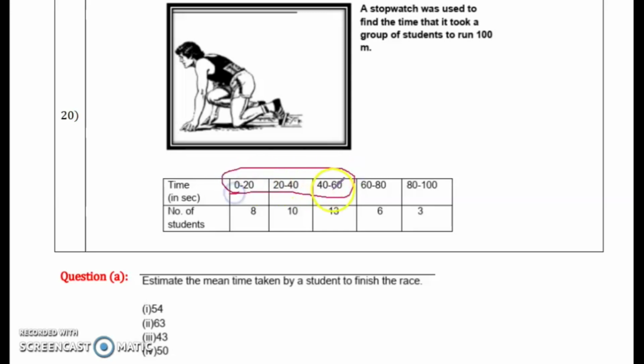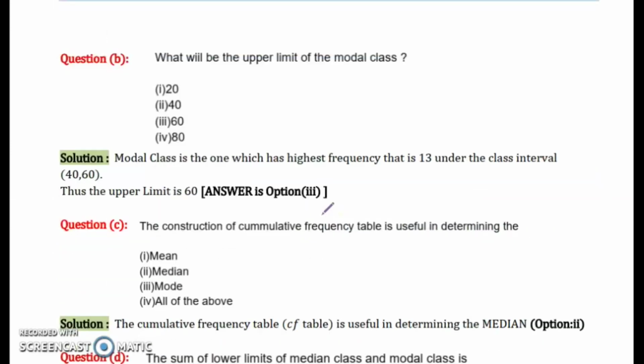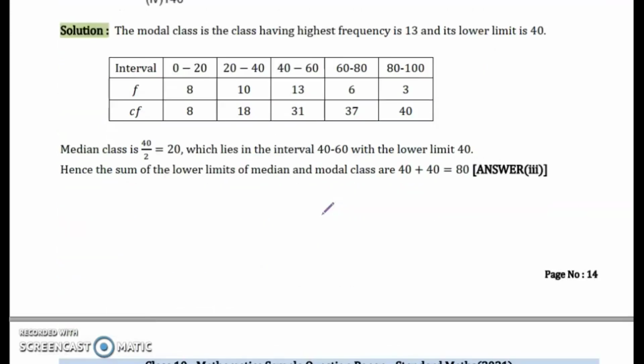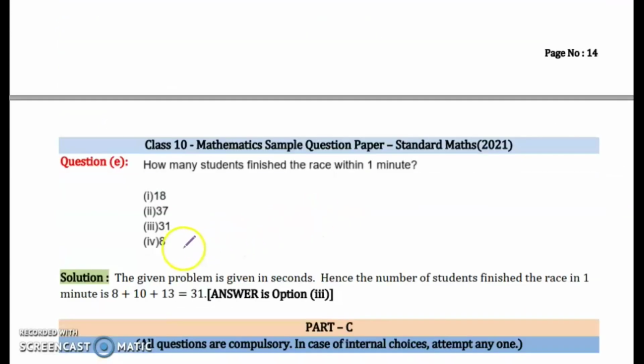Therefore, 1 minute means 60 seconds. What is the total number of students? 8 plus 10 plus 13 is 18 plus 13, which is 31, right? Therefore, 31 is the correct answer, which is option number 3.